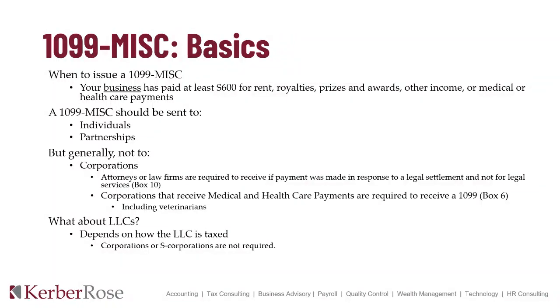The legal services piece to attorneys is going to fall on that 1099 NEC, and again, we'll go over that. Secondly, corporations that receive medical and healthcare payments are still required to receive a 1099, even though they're a corporation, and that includes veterinarians.